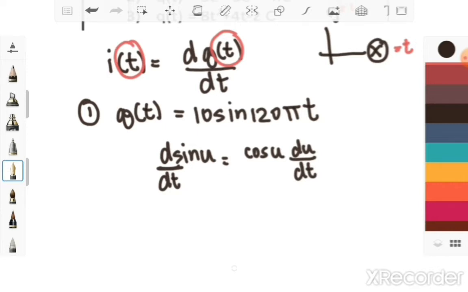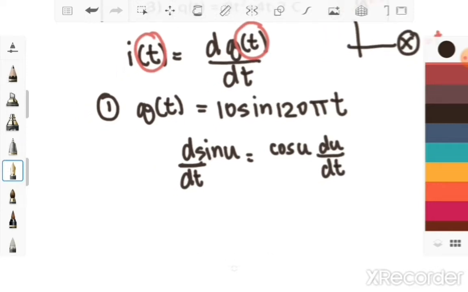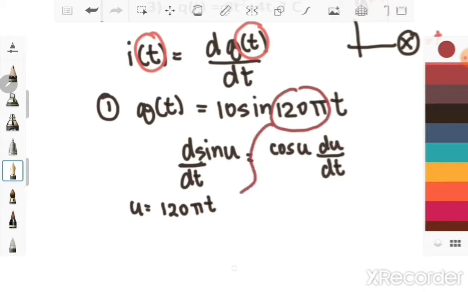Anyone? So your u is simply equal to 120 pi t. Tama ba? Your u is equal to 120 pi t. This one. Okay?